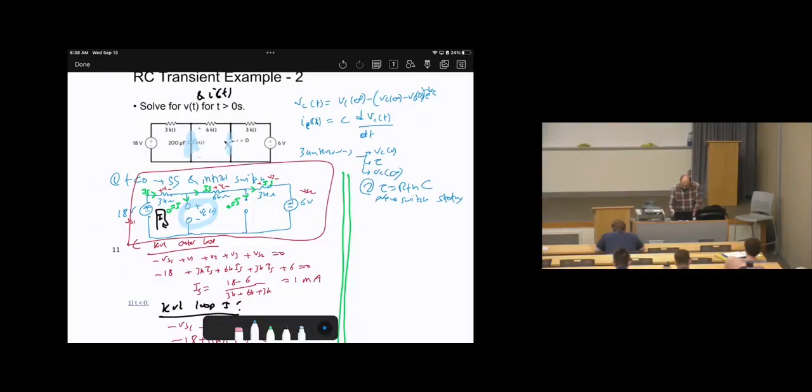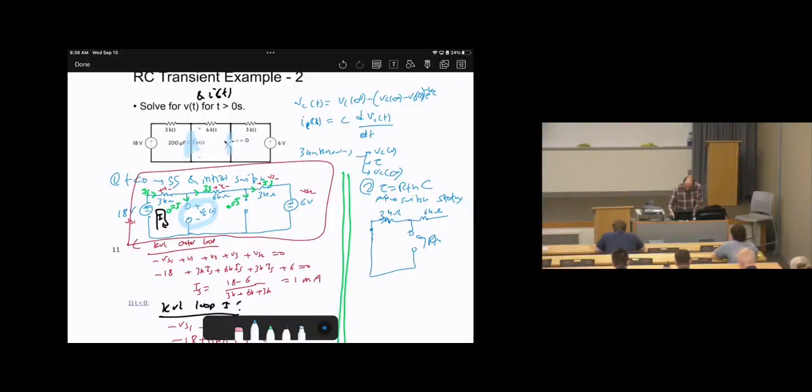So the 18 volts will be short circuit. That source, 18 volt, will be short circuit, and this source will be short circuit as well. So now I'm going to draw it here. 3 kilo ohms. Then here are the capacitor terminals. We need to calculate R Thevenin. 6 kilo ohms remains.